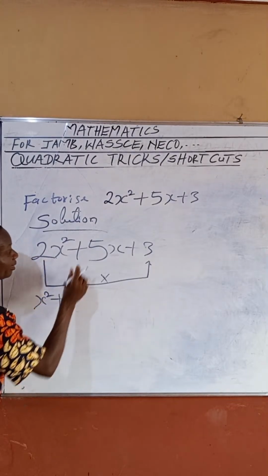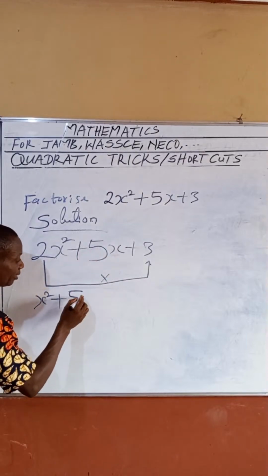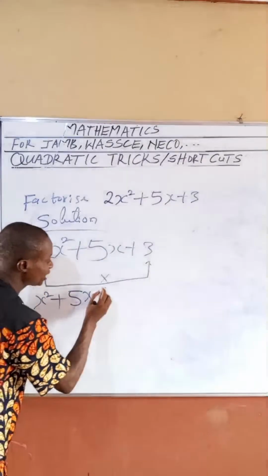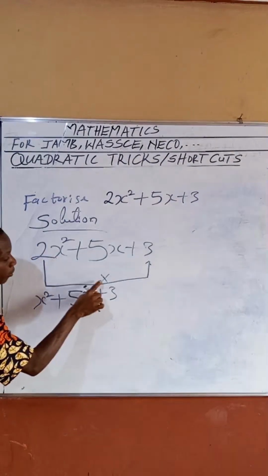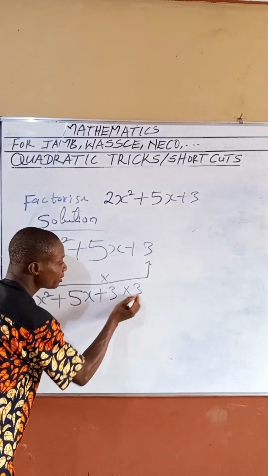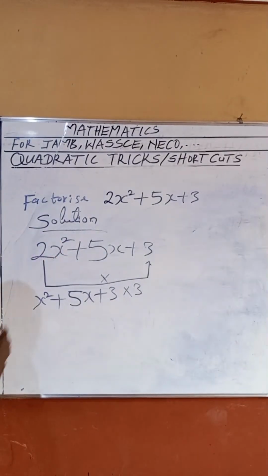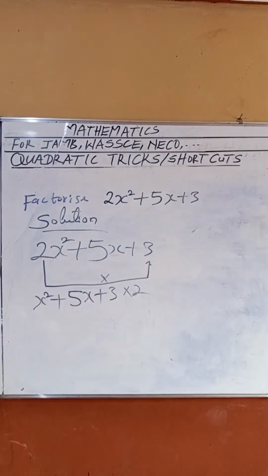Then plus 5x, repeated. Then plus 3, but this 2 will be coming to times this 3. That becomes times 2.